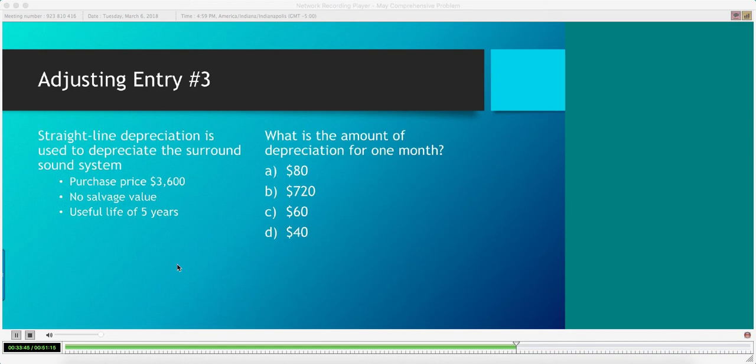So again, we would break out the calculator and do 3,600 divided by 5. Exactly. So you're kind of seeing a pattern here with most of the adjusting entries, they're all going to be depreciation.